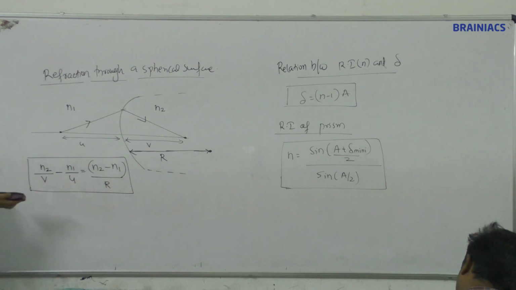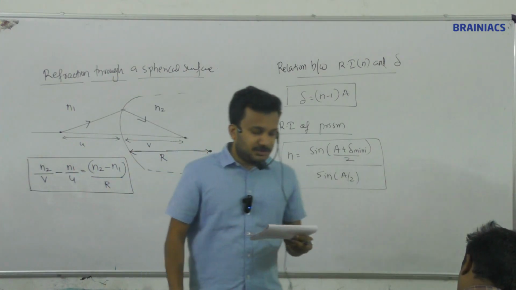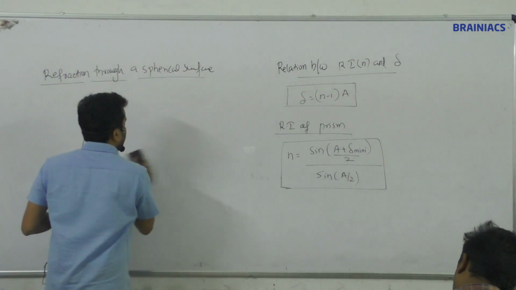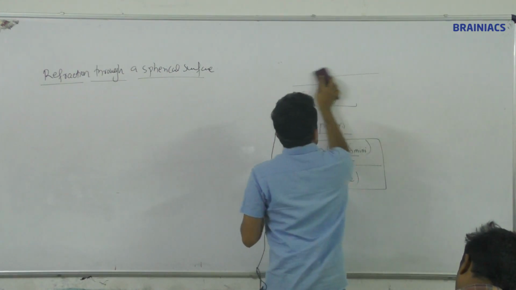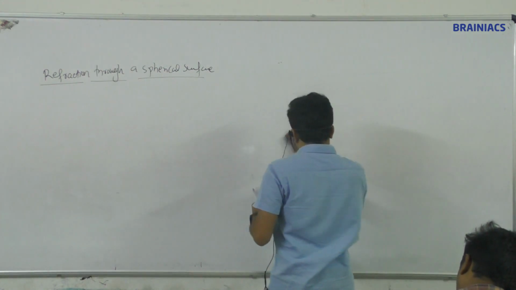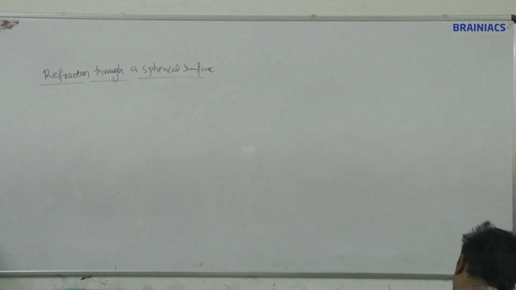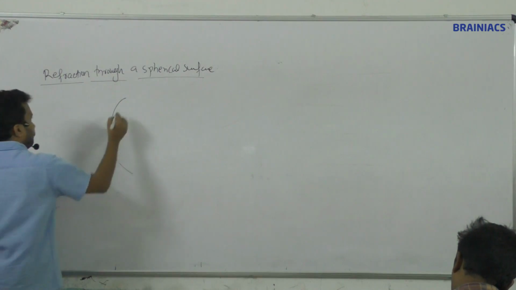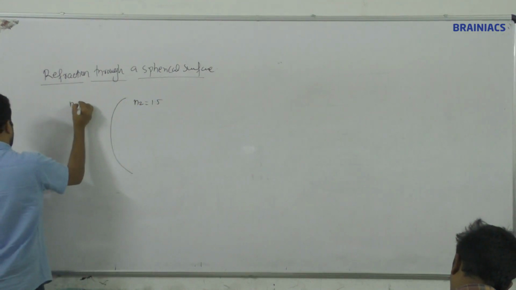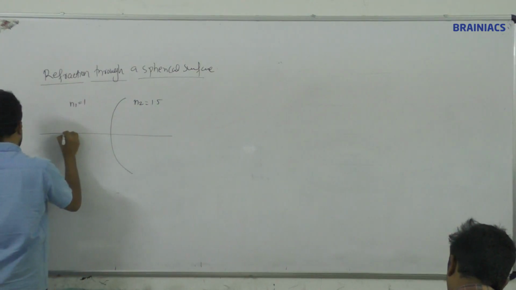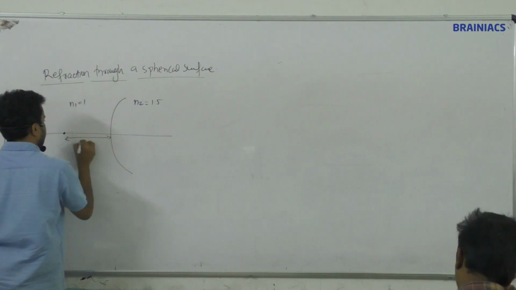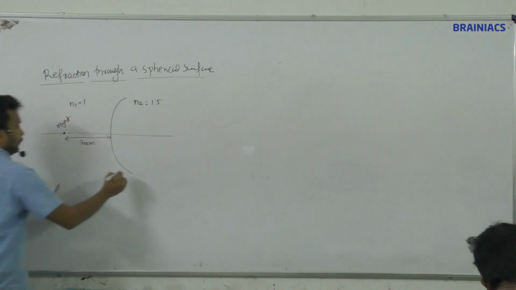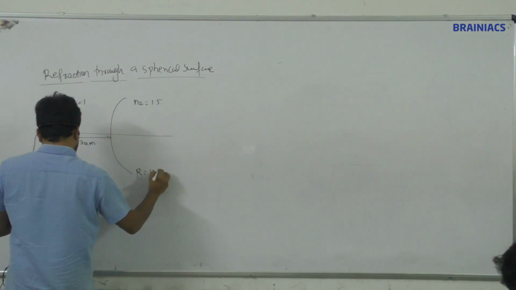Find the position of the final image with respect to the pole. n2 equal to 1.5, n1 equal to 1, and the object is placed at a distance of 30 centimeter. R equal to 10 centimeters.